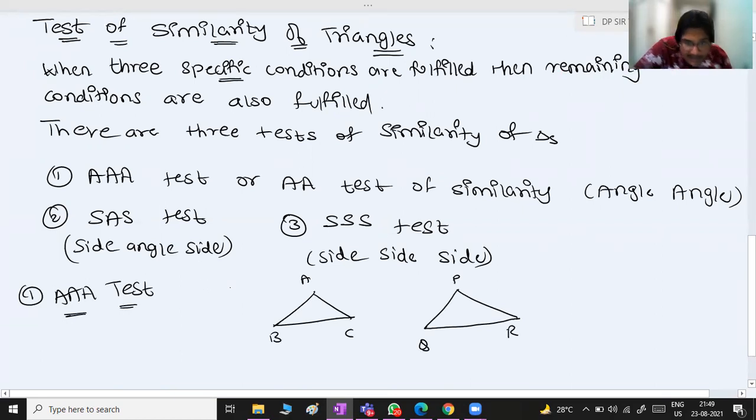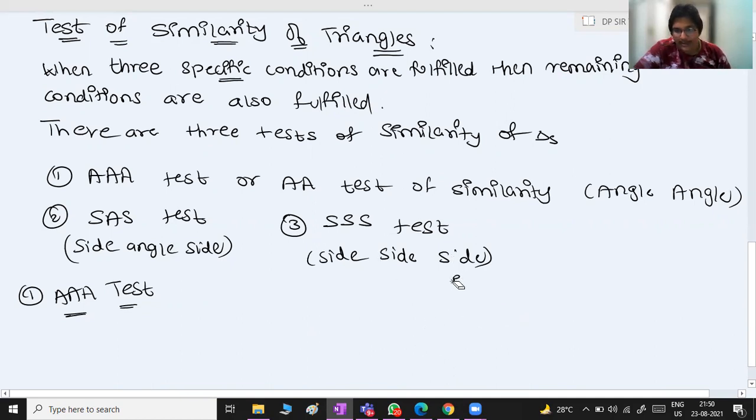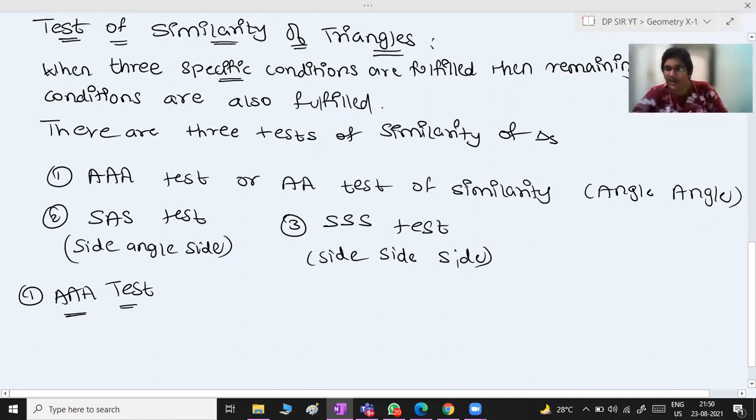Let the measures be 70, 60, 50. जाने दो, I have drawn with hand, but it didn't come out properly. Content खराब हो रहा है.